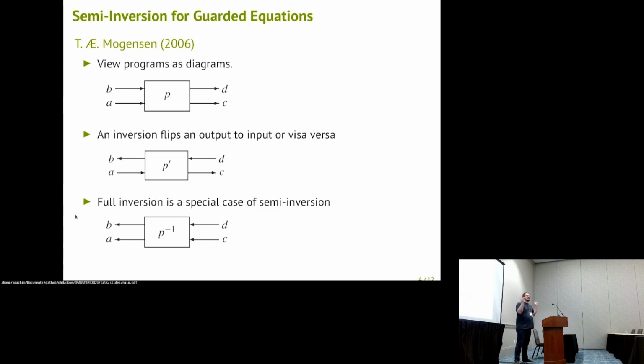The way to construct this inverse program is to run the original program and then test that this extra input is actually the thing you would output if it was on the other side of the relation. And of course, if you invert all of the input arrows to be output arrows and all of the output arrows to be input arrows, then you get an inverse program. So in that sense, constructing an inverse program is just a special case of semi-inverting a program.